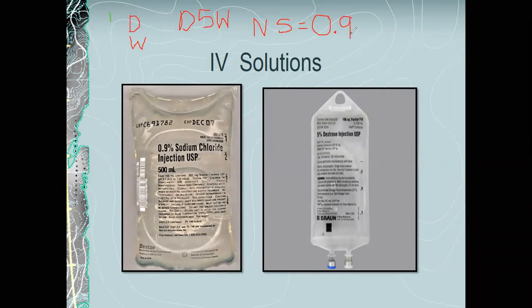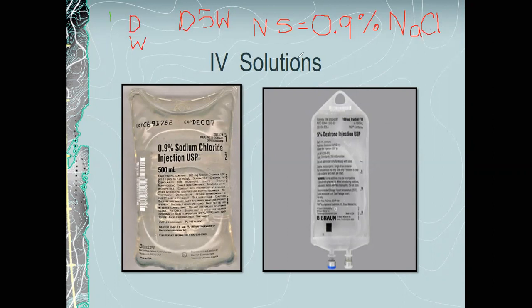Normal saline is 0.9% sodium chloride. And as you know, sodium chloride is salt. So normal saline solution is going to be 0.9% sodium chloride. So 0.9% salt in the water.